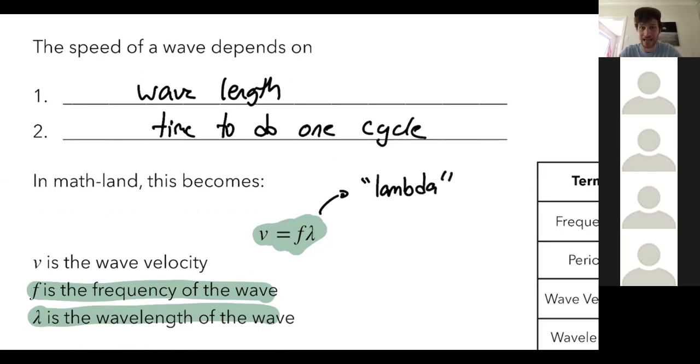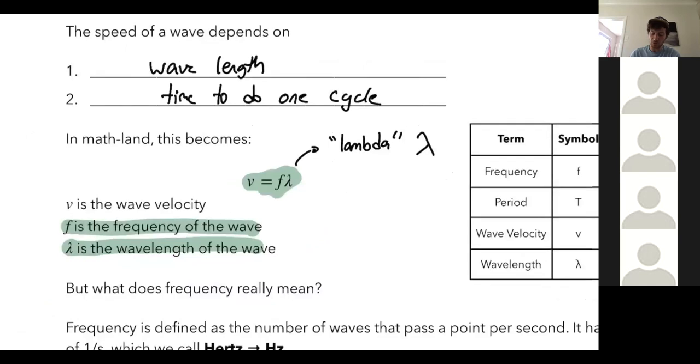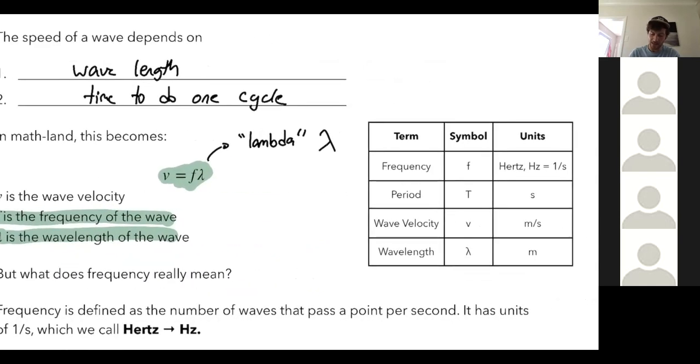If you want to draw it, it's like an upside down y with a curl on the top. That is your wavelength. Your wavelength is measured in meters because it's a distance, right? Your wave velocity is a velocity, so meters per second.